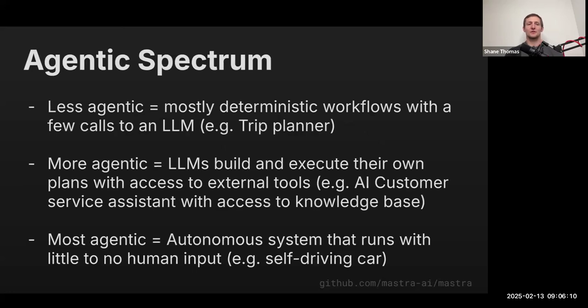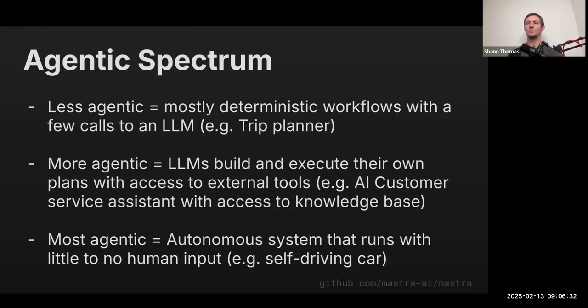But it's really a spectrum. Something considered less agentic is mostly deterministic, but maybe there's a call to some kind of AI system, typically an LLM, but it wouldn't have to be. Something a little bit more agentic would be if you're using LLMs to build and execute their own plans and access their own tools.